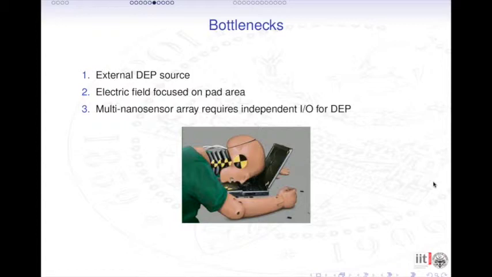So if we conceive an optimization of this process, we have to exclude external DEP sources.